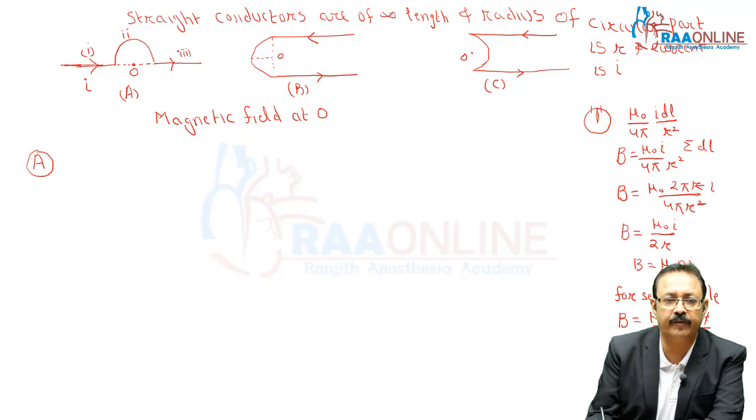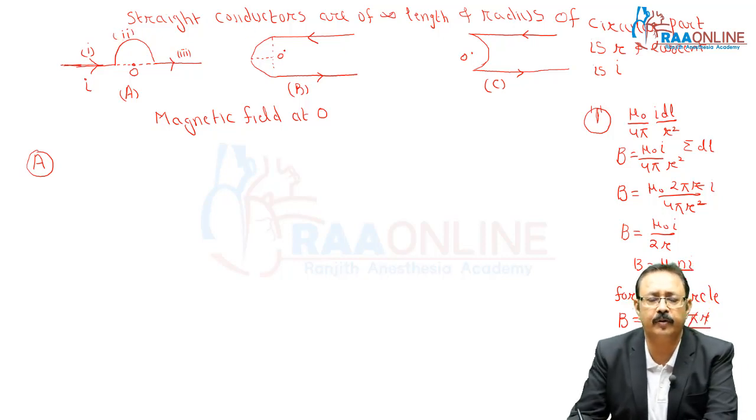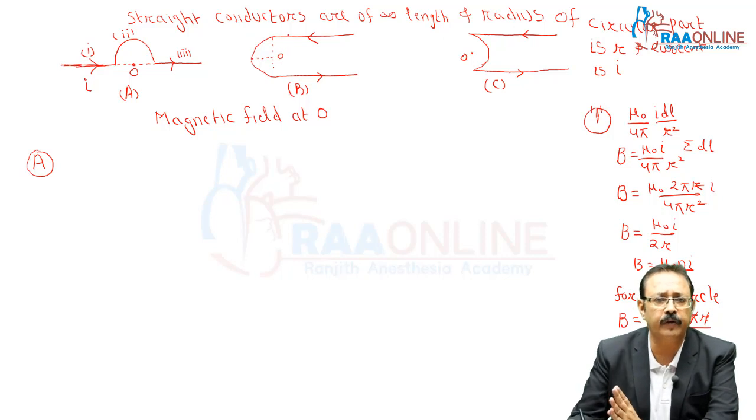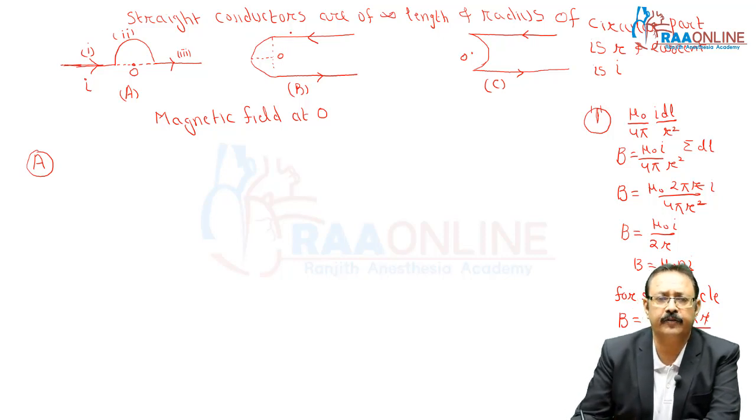We will calculate for all and we will add if they are in the same direction, or we will do vector addition. It is the first part from where current is coming, it is the second part and it is the third part.